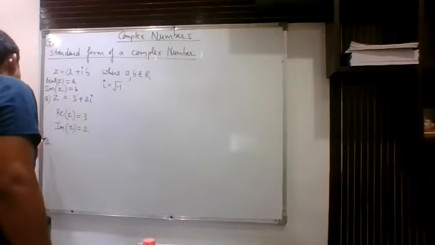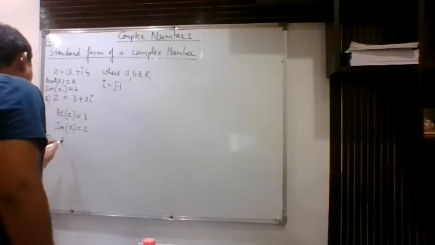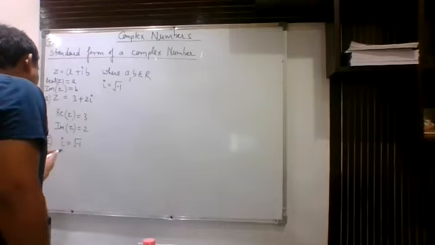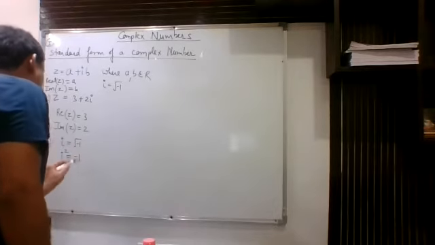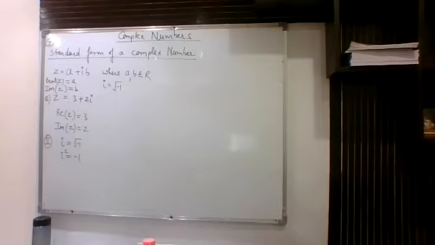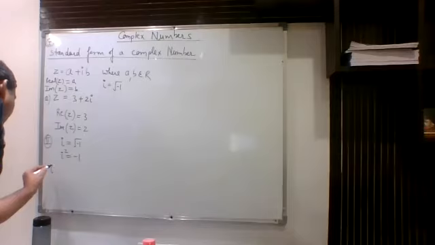Now, we had written i is equal to the square root of -1. So i square will be equal to -1. Now, if you want to find the higher powers of this iota, how do we find them? Suppose we want to find i to the power 3.